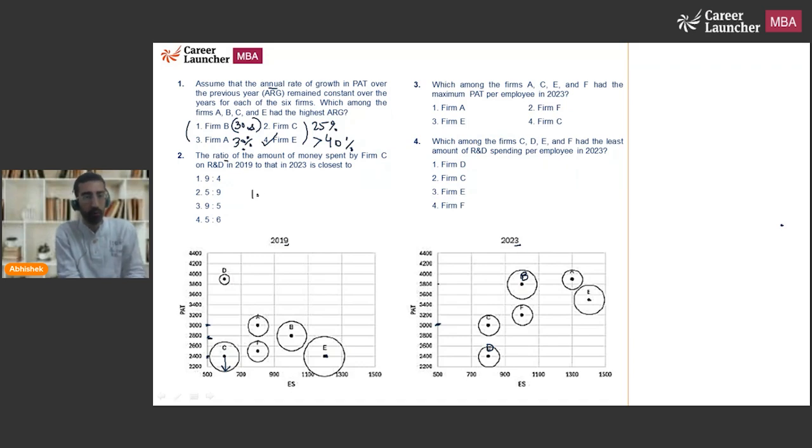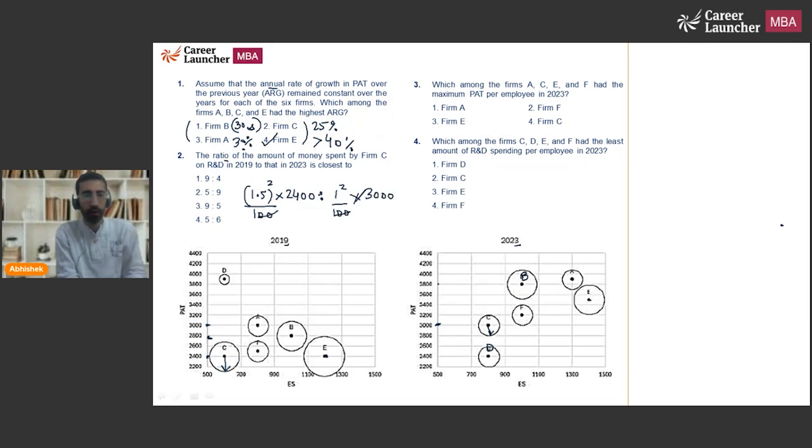R square is 1.5 square into, and I mean, we can have 100, but again, it's a ratio, it will cancel out. Let's assume this was 1.5 square percent. So upon 100 into 2400 crores is to C's values in 2023, this is 1 unit. 1 unit, right? So 1 square upon 100 into 3000.